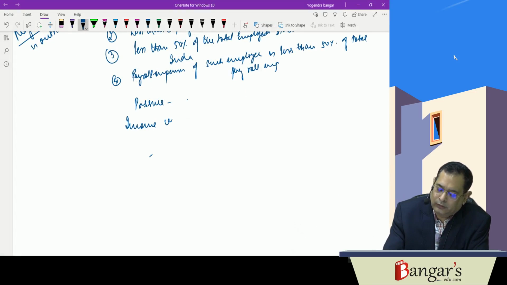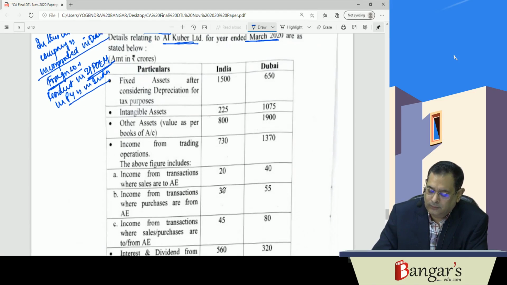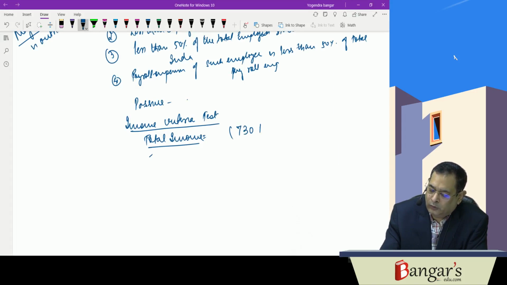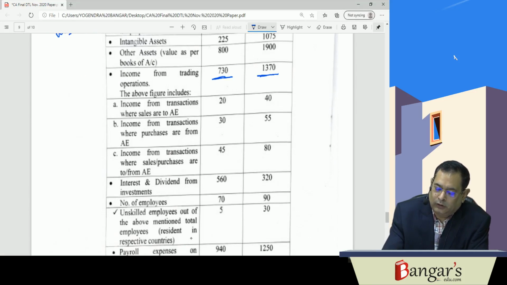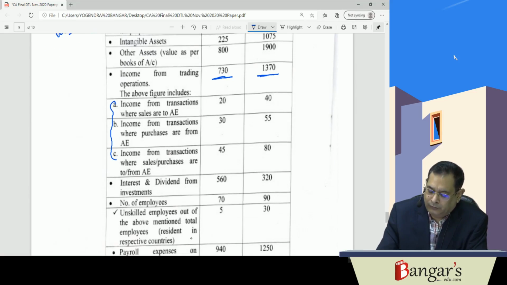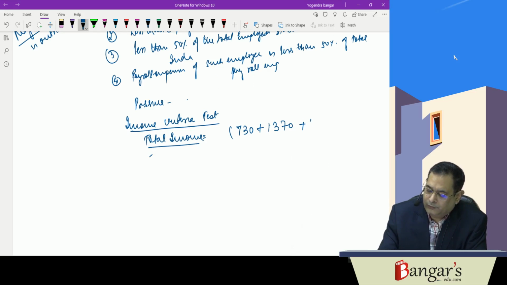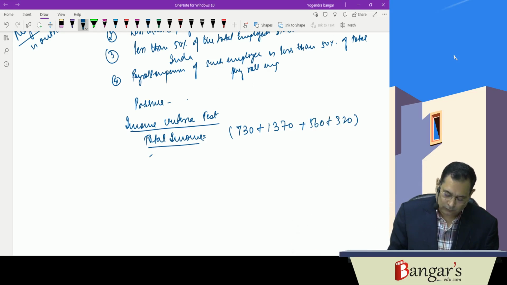Income criteria test. It's the total income. How much is the total income? Income from trading operations 730 plus 1370. Then we have, this is included in the above figure, 560 and 320. So the total income is 730 plus 1370 plus 560 plus 320.